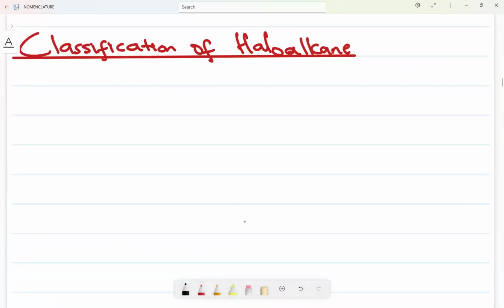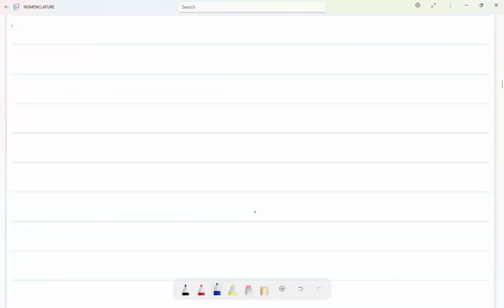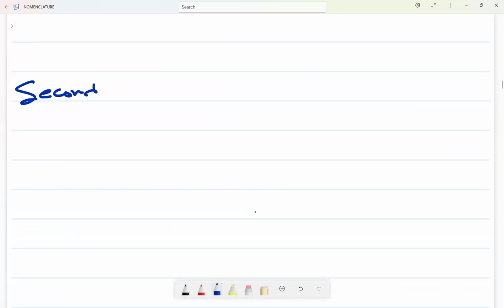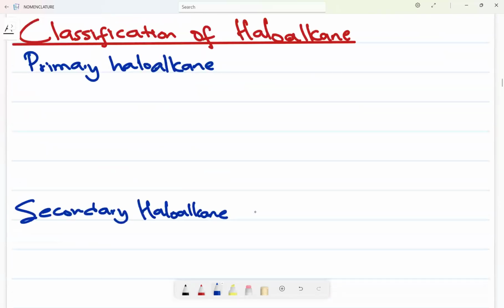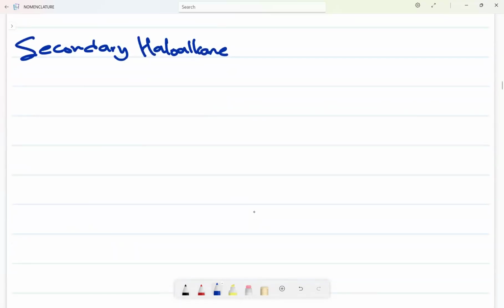We have what we call a primary haloalkane, we refer to a secondary haloalkane, and what we refer to now as a tertiary haloalkane.